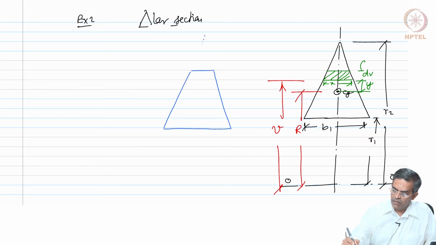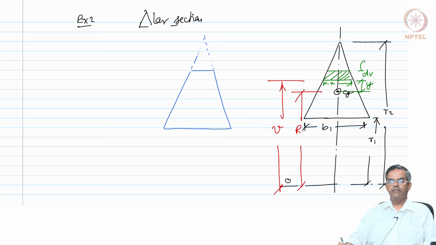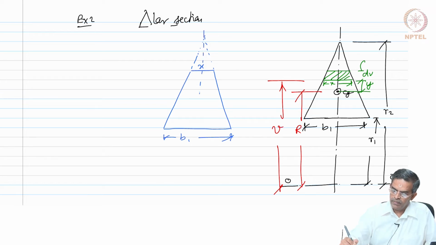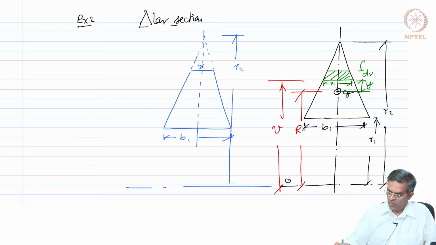Anyway, this is getting converged to become a triangle, right. So, this is x and this is B1. Let us say this is R2 and this is R1.